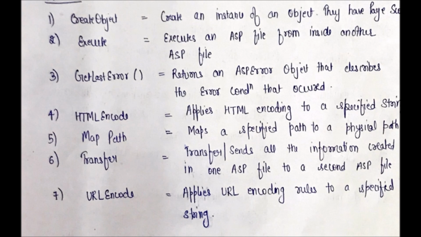Sixth is Transfer. Transfer is used to send all the information created in one ASP file to another ASP file. The last is URLEncode. It applies URL encoding rules to a specified string. All the characters that are not valid in a URL are converted to their equivalent HTML entity.